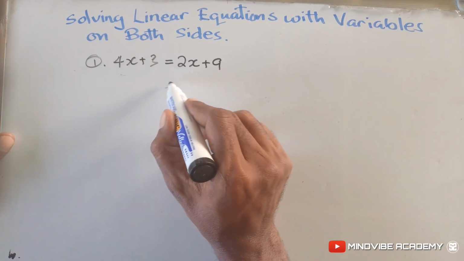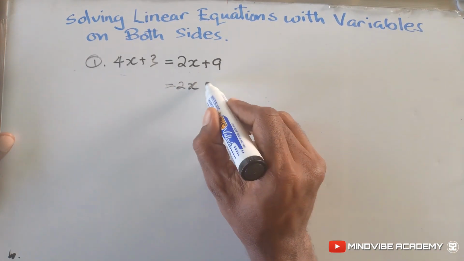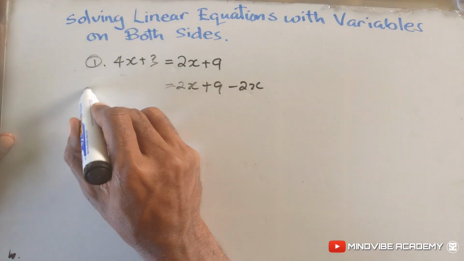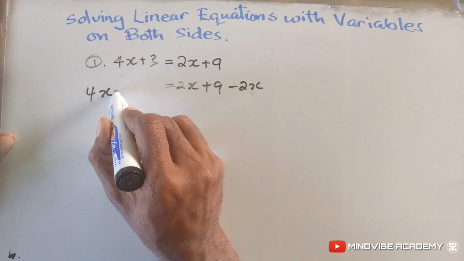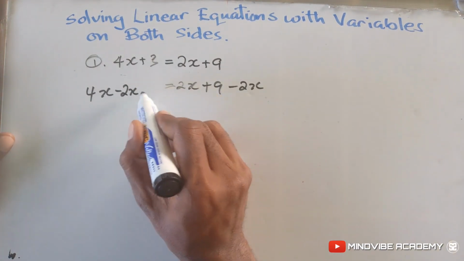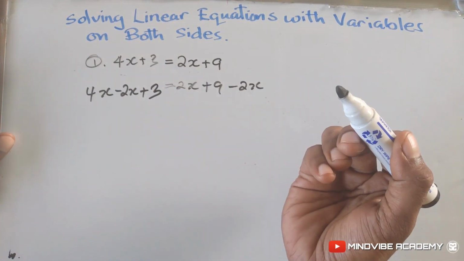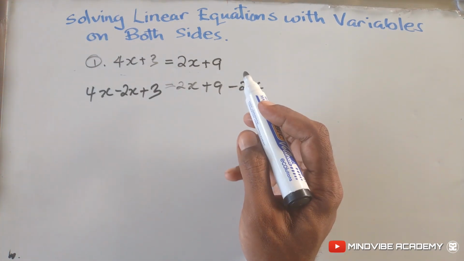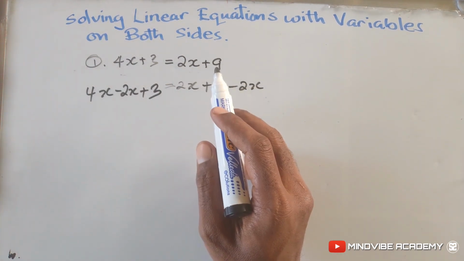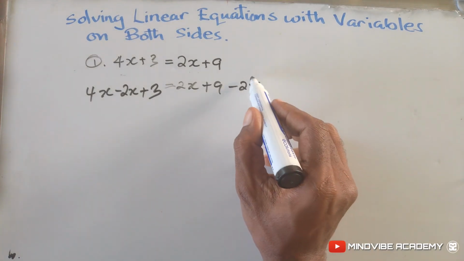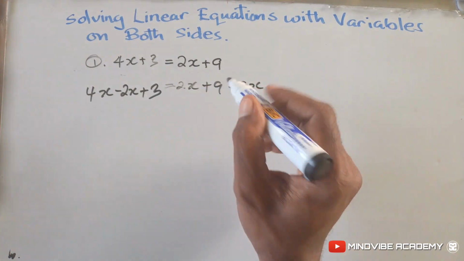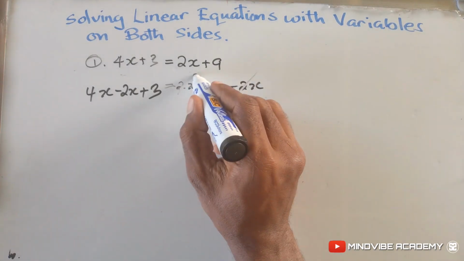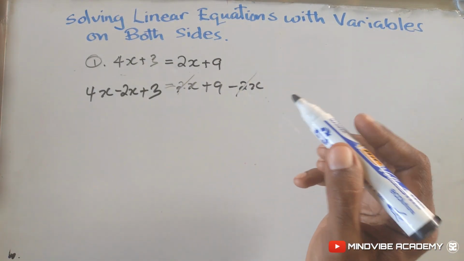So we have 2x plus 9 minus 2x, and we have 4x minus 2x plus 3. The 2x cancels itself out.